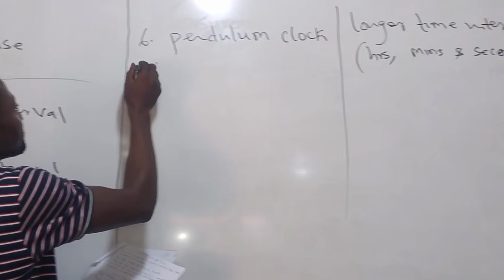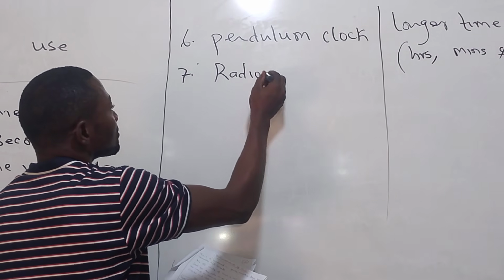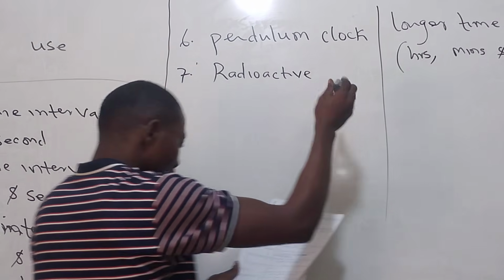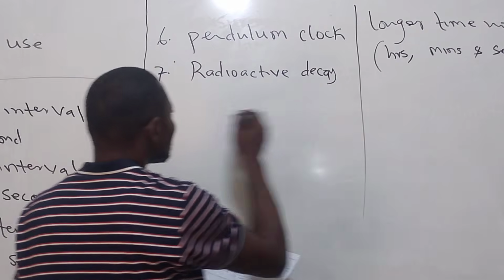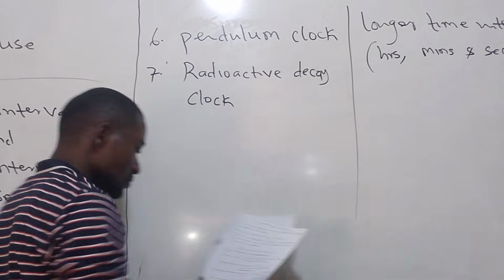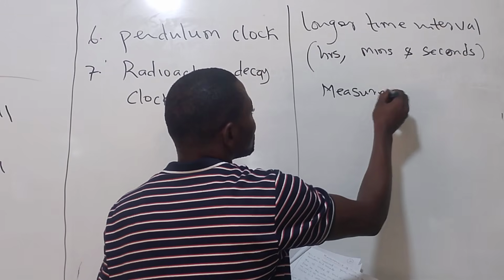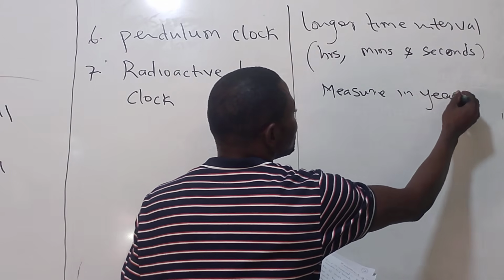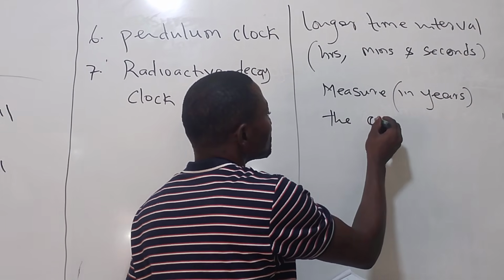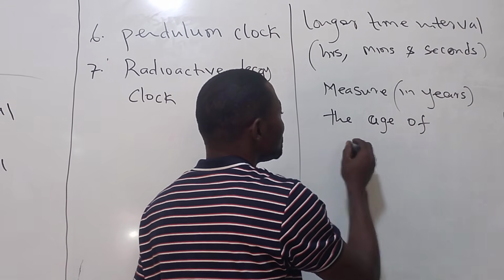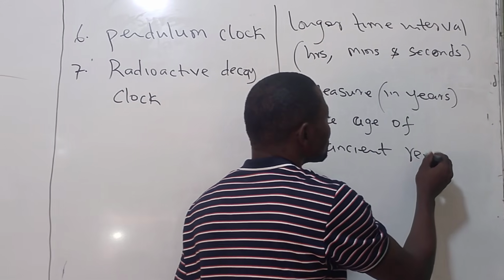Then the last here is the radioactive decay clock. And this measures in years the age of ancient remains.